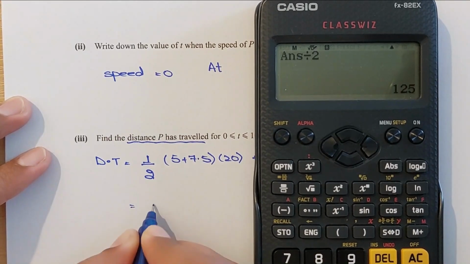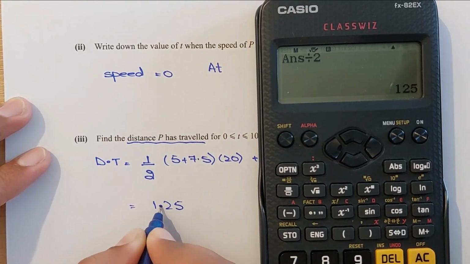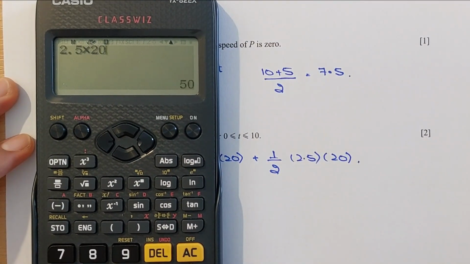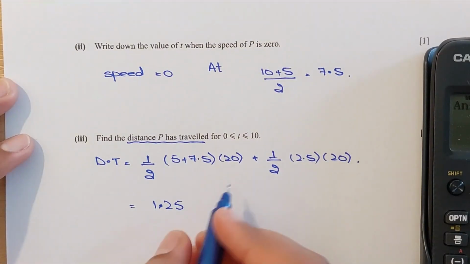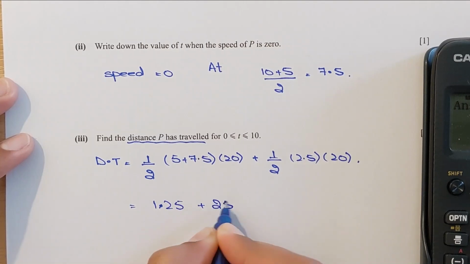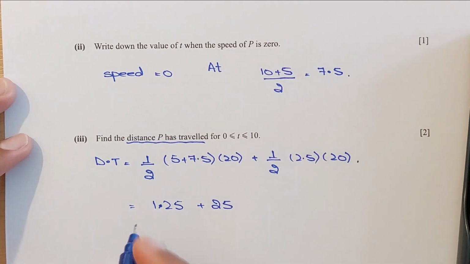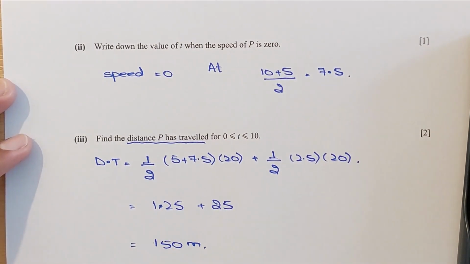This is 125. And the other is 2.5 times 20 divided by 2, which is 25. 125 plus 25 is 150. So the distance traveled is 150 meters.